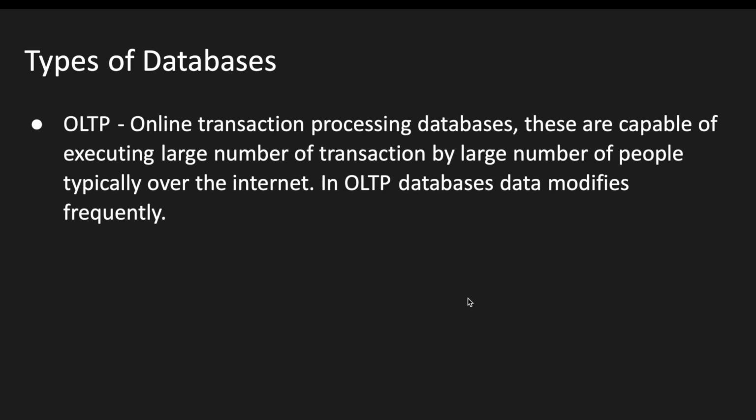So OLTP is an online transaction processing database. These are capable of executing a large number of transactions by a large number of people, typically over the internet. In OLTP databases, data is modified frequently, as create, update, delete operations are going on.